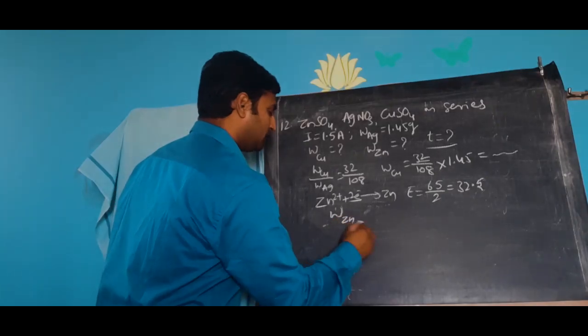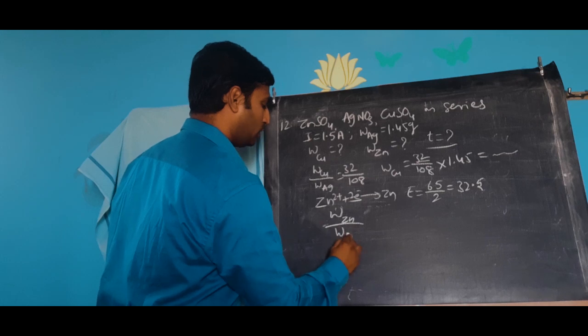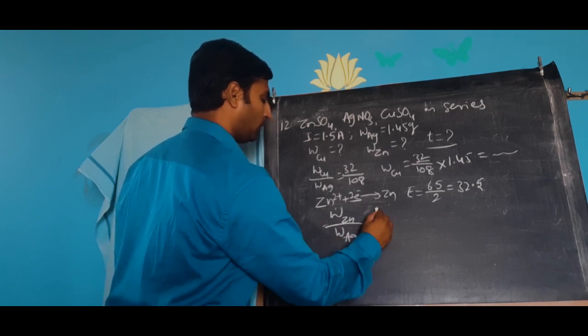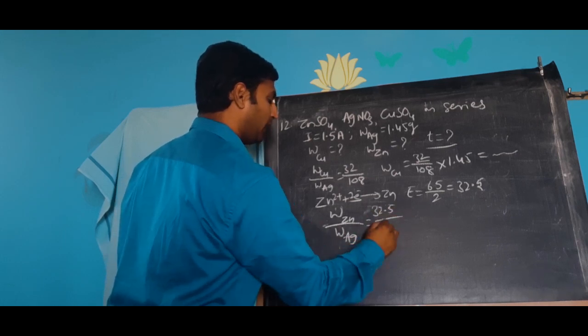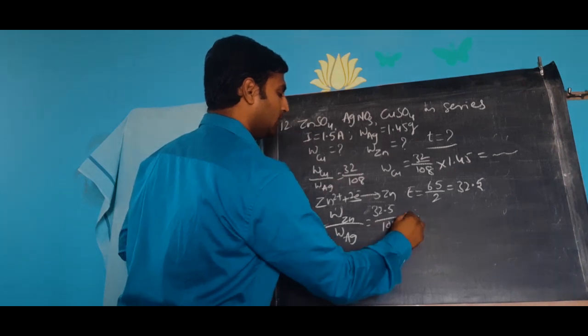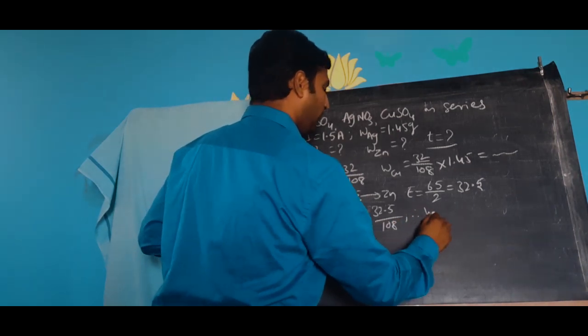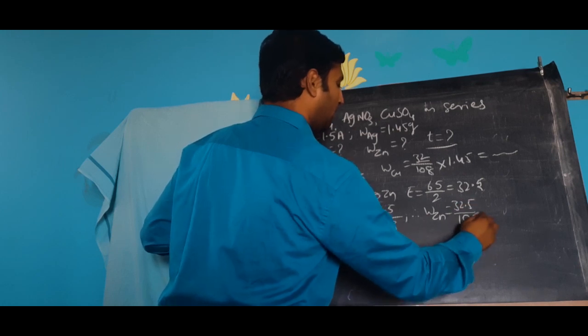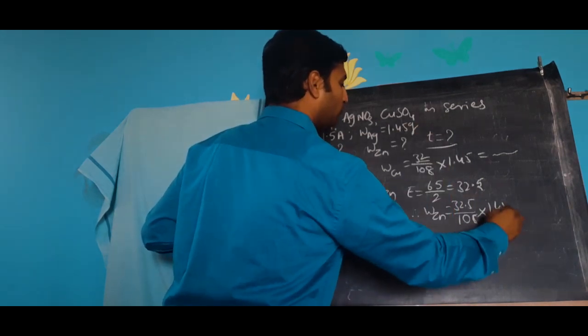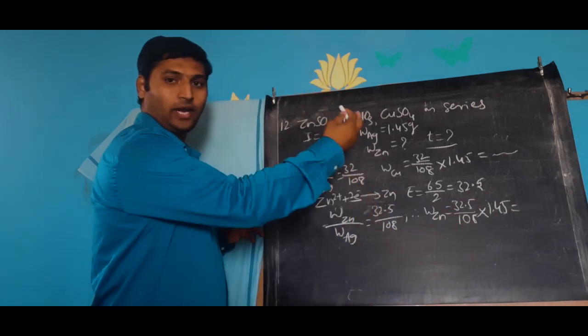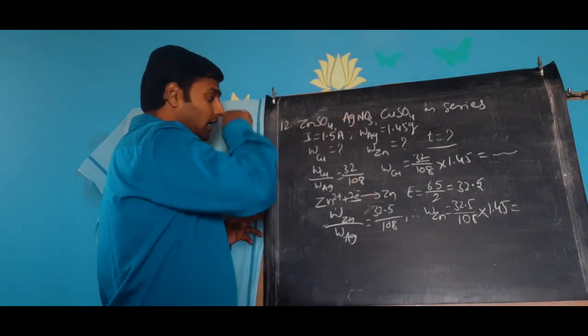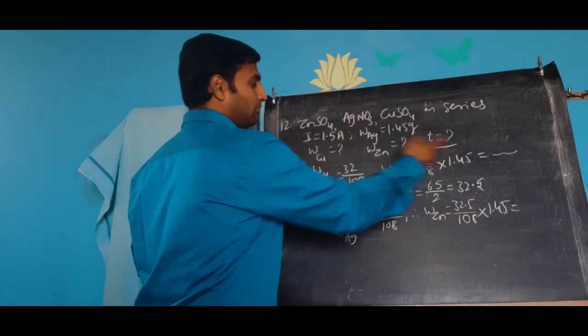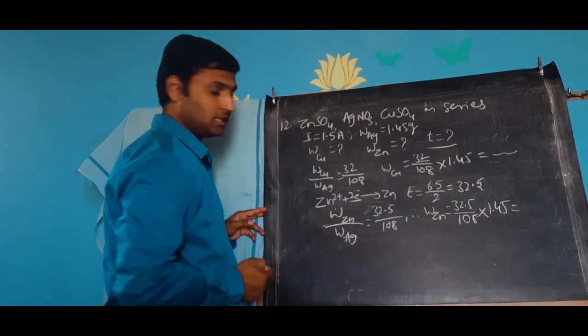So, weight of zinc by weight of silver is equal to 32.5 by 108. Therefore, weight of zinc is equal to 32.5 by 108 into 1.45. So, using Faraday's second law, weight of copper and weight of zinc can be found out like this.